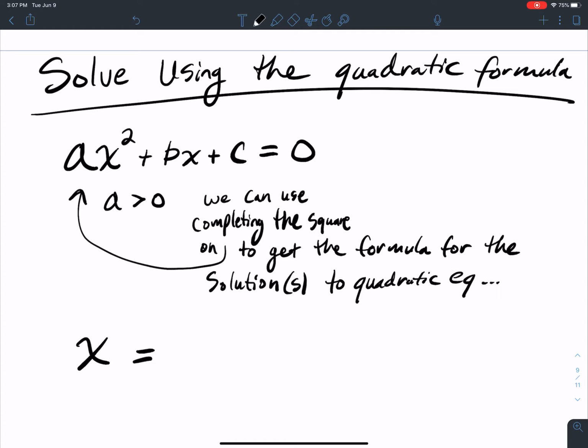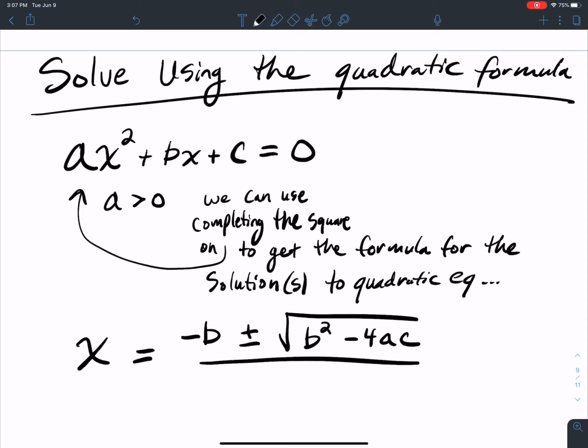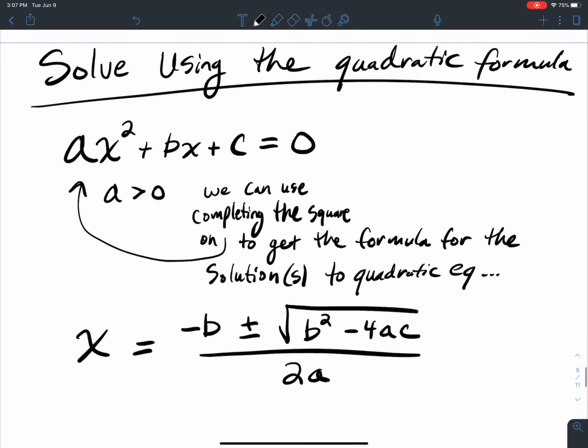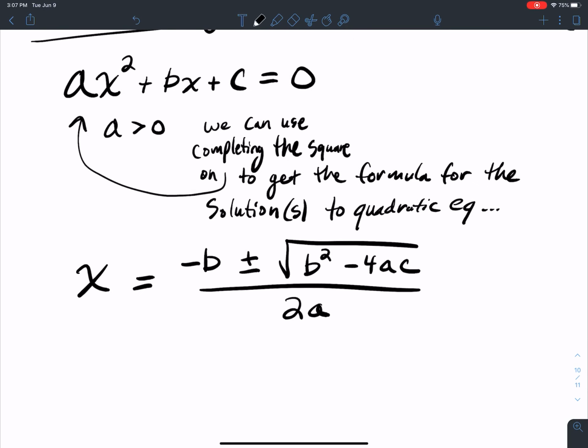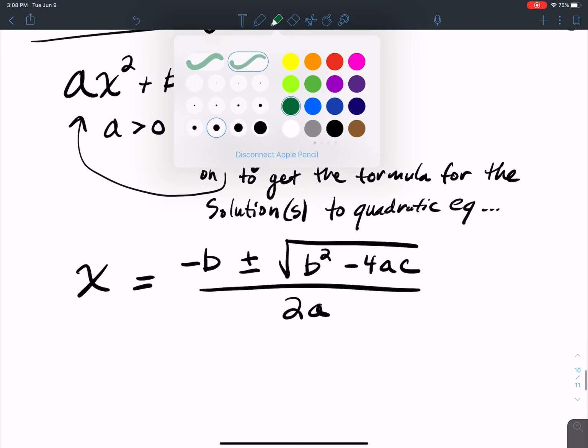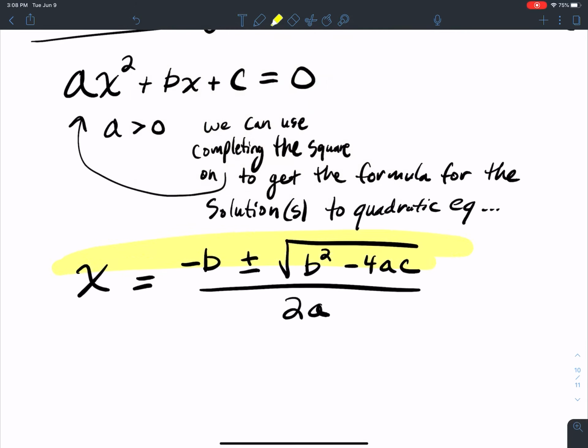Namely, x is equal to negative b plus or minus the square root of b squared minus 4 times a times c, all over 2a. Okay? So this is the infamous quadratic formula right here. Make sure you've got this written down somewhere. Definitely gonna need this.